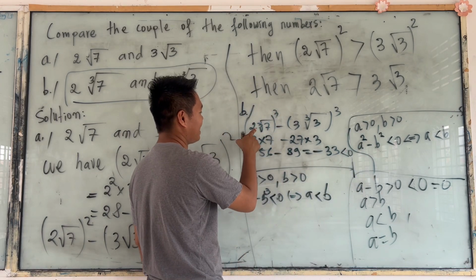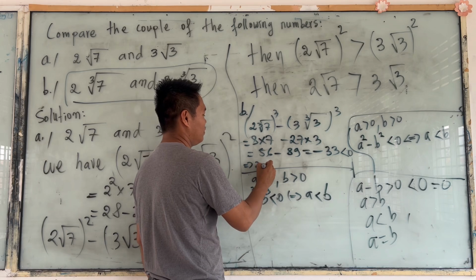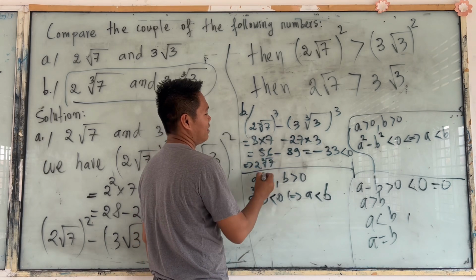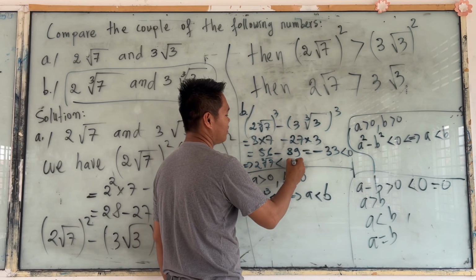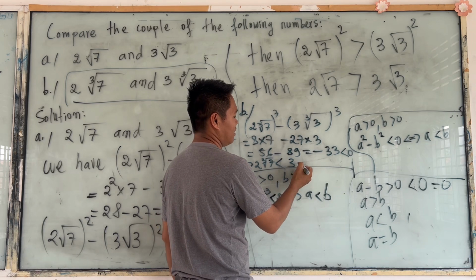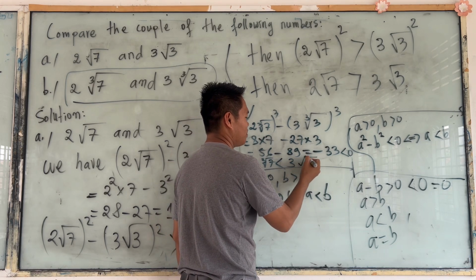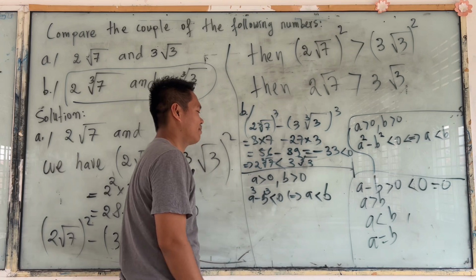From this you can say that 2 cubic root of 7 is less than 3 cubic root of 3, right?